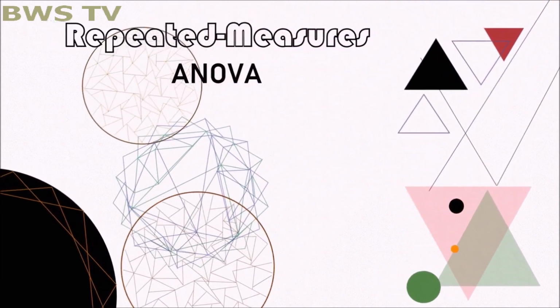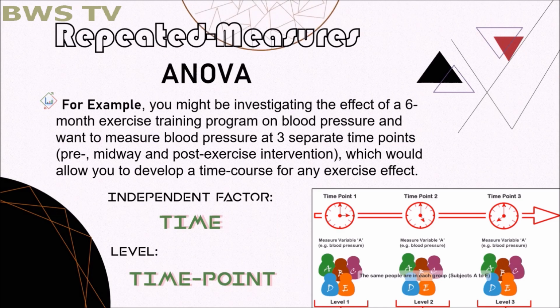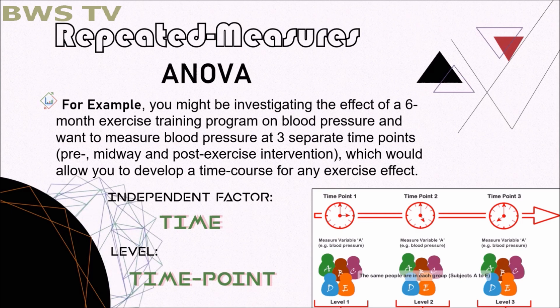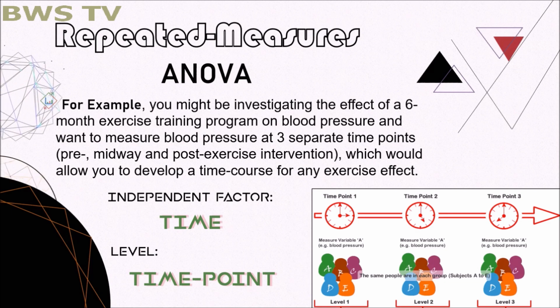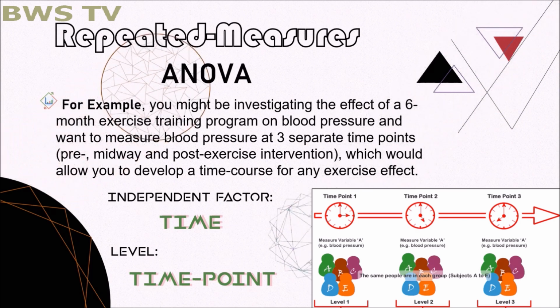For example, you might be investigating the effect of a 6-month exercise training program on blood pressure and want to measure blood pressure at 3 separate time points: pre, midway, and post-exercise intervention, which would allow you to develop a time course for any exercise effect. In this example, our independent factor would be time, and our levels would be the specific time points: time point 1, time point 2, and time point 3.